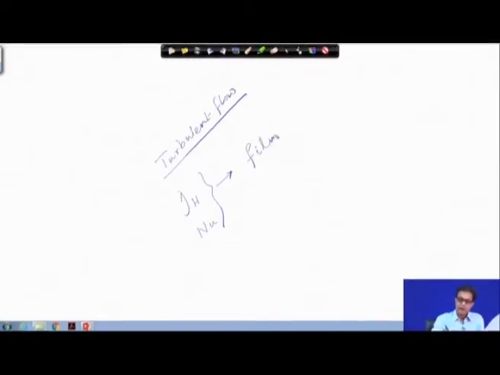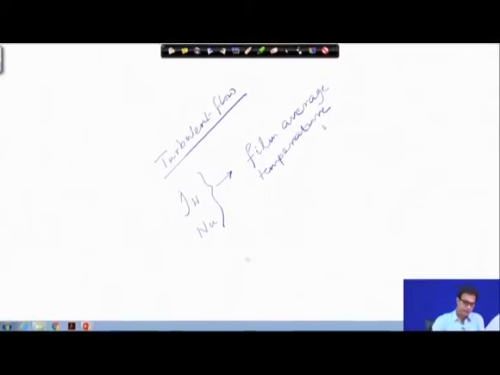Now, for all this J h, or the Nusselt number, as we have written for the turbulent flow, all the fluid properties are evaluated at the film average temperature. What is the film average temperature?